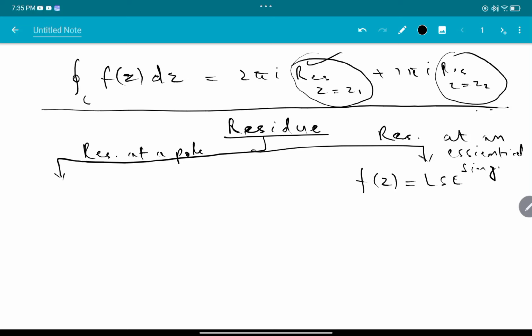That means we should be able to expand this given function in a Laurent series expansion.